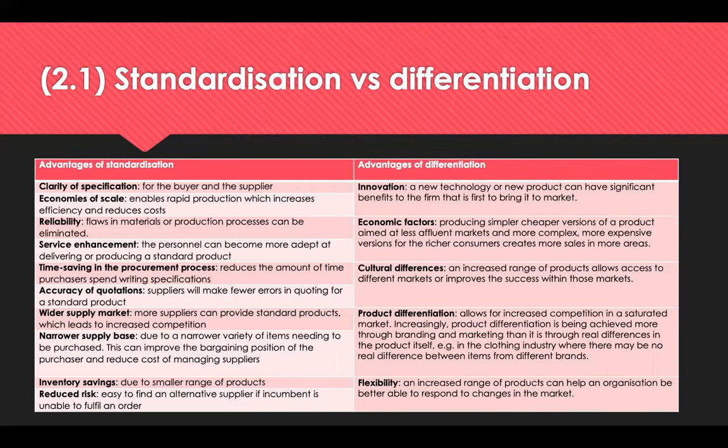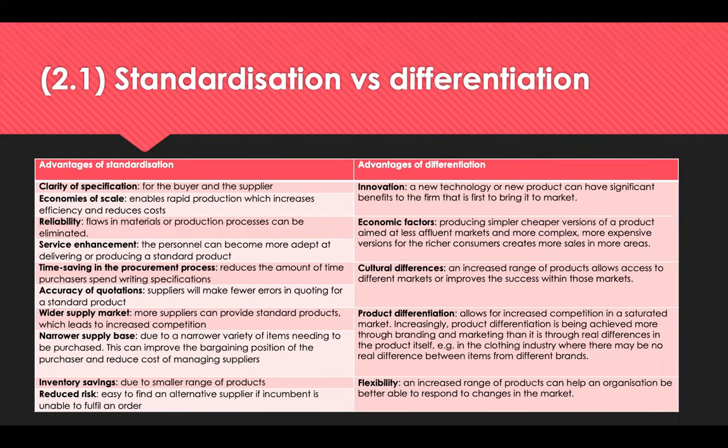There's a wider supply market that can provide the standard products, though a narrow supply base. You may actually save on inventory because you're only holding a small range of products, and there's a reduced risk.